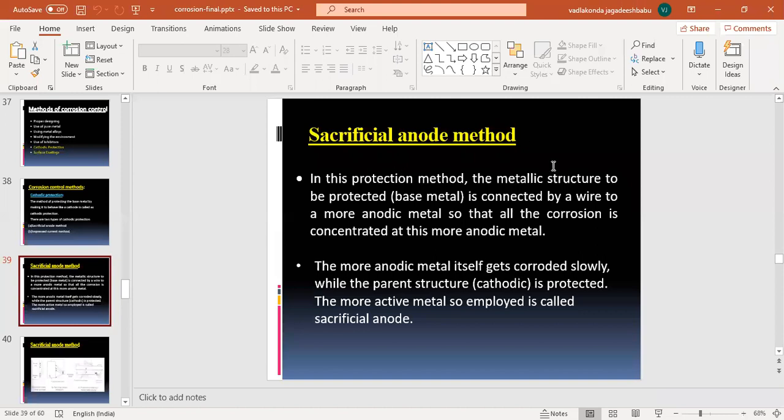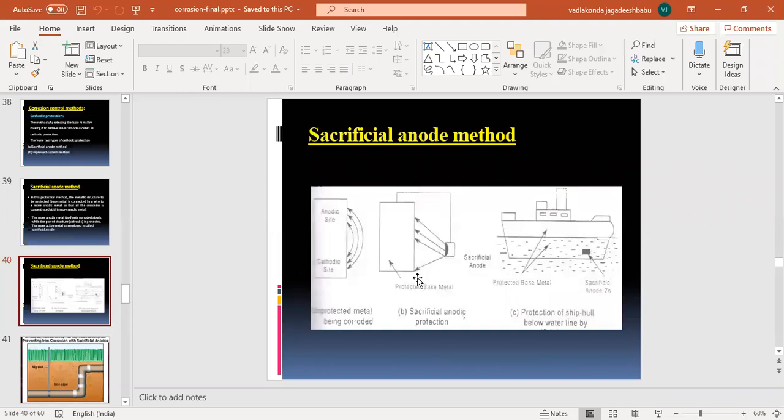This is the sacrificial anodic method, and by using it we can protect ship hulls, because ship material is made of iron. Ship hulls are always connected to a sacrificial anode, a piece of zinc or magnesium, so the zinc acts as the anode, whereas the iron ship hull acts as the cathode and is protected from corrosion.